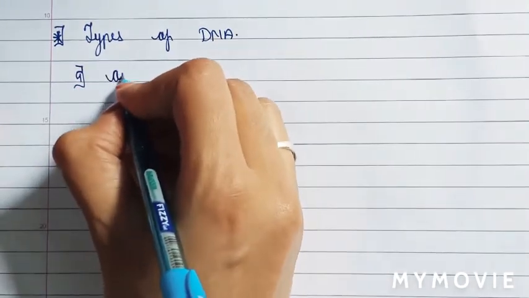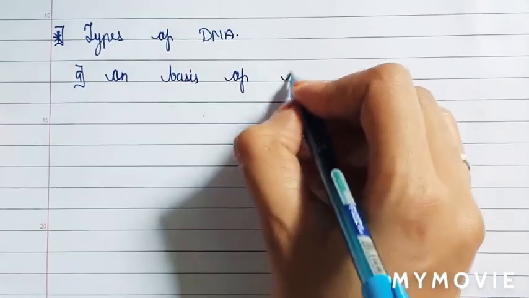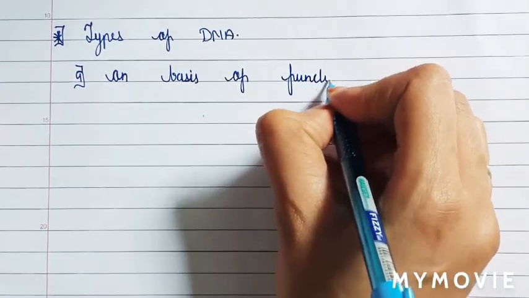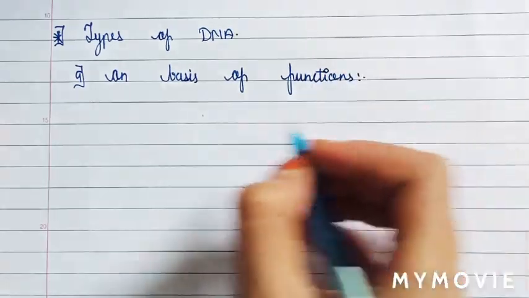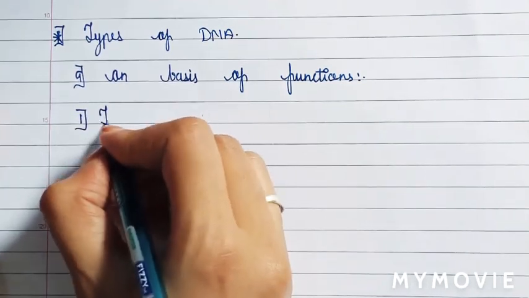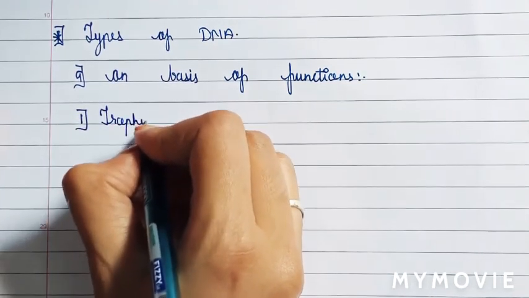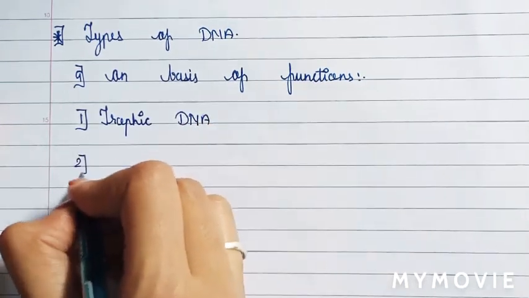First, on the basis of function, DNA has 2 types: first, trophic DNA, and second, genetic DNA.